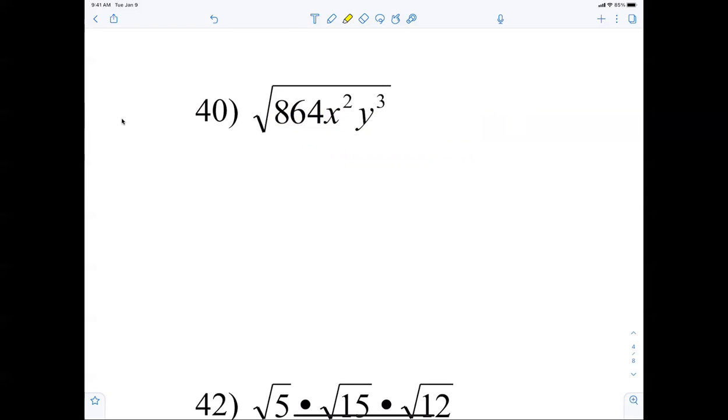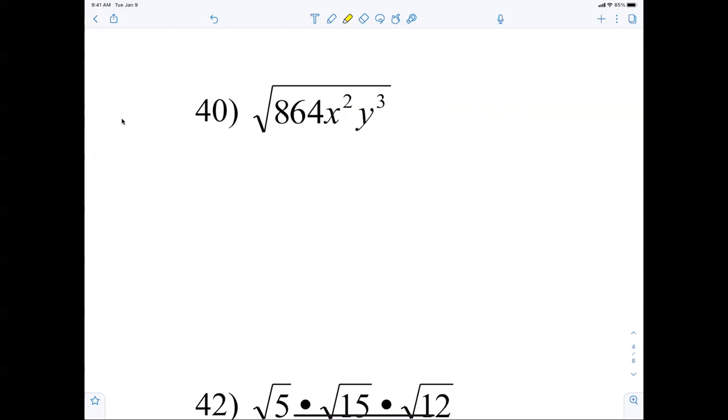Somebody type in the square root of 864. Is that a perfect square? You could divide that by 8. Is 864 a perfect square? Nobody has a calculator? Not a perfect square.